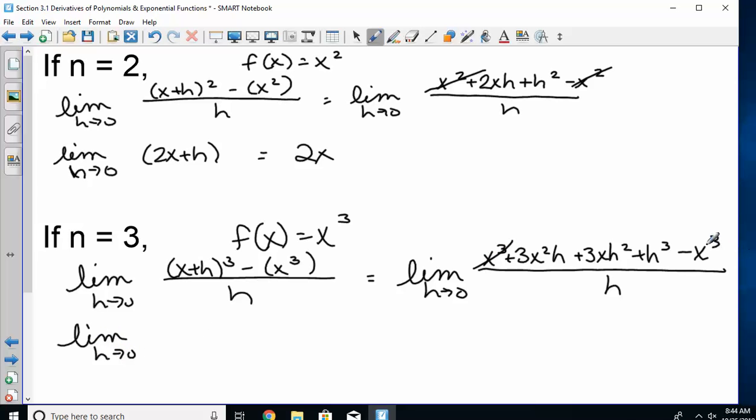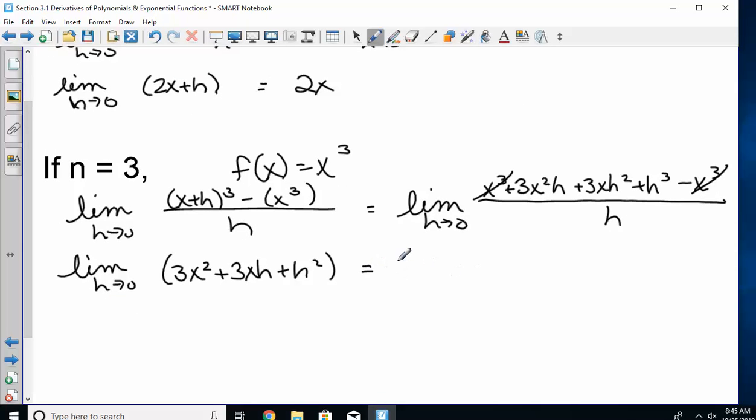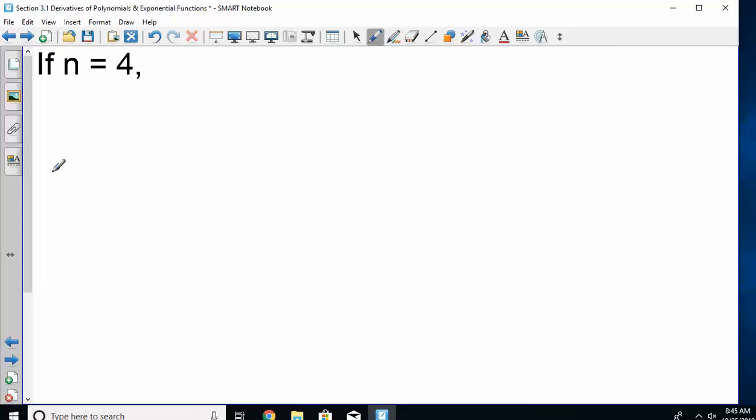So the x cubes drop. If you cancel an h out of everything, you get 3x squared plus 3xh plus h squared. Plug in a 0 for all of your h's, and what do you get? 3x squared. So the derivative of x cubed is 3x squared. You seeing patterns yet? Maybe. I think we can do one last one, and this will probably be the last thing we do today, so we'll pick up with this stuff on Tuesday.